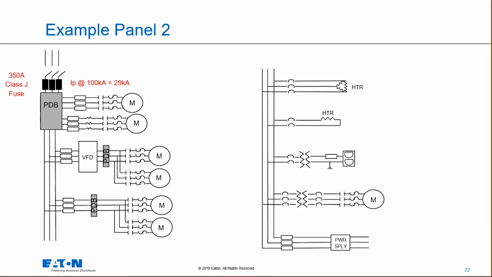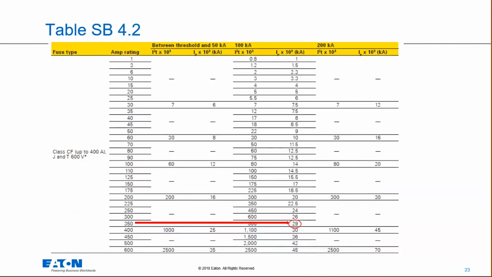So we go to that table SB 4.2, go to the 350 amp range for a Class J fuse, go over to the 100,000 amp column, and we can find the peak let-through current. In this case, 29,000 amps is going to be able to get through that fuse. So if we can design our components downstream to handle less than that, there's a chance we can raise the ratings of those devices.